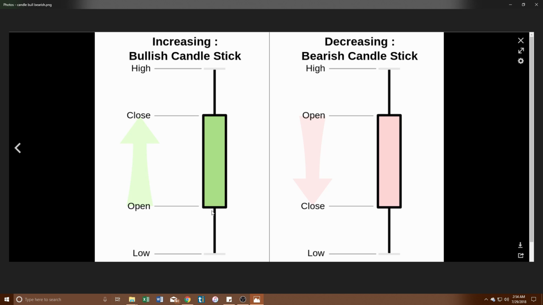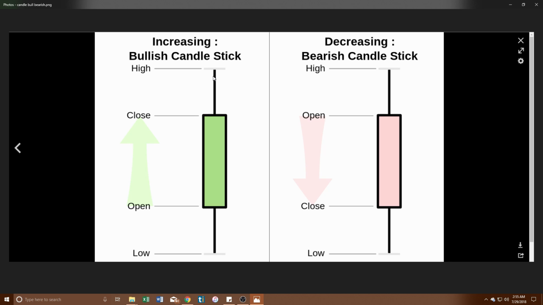This is the low of the day, or the low of the candle. And then as price moves up, the candle will be green. On a green candle, which is bullish, it closes at the top. This long wick right here would be the high of this candle.